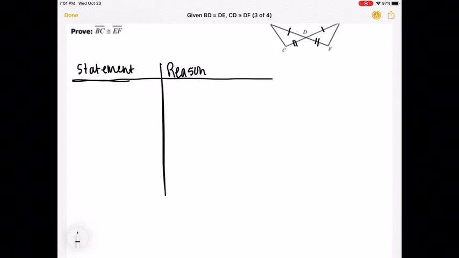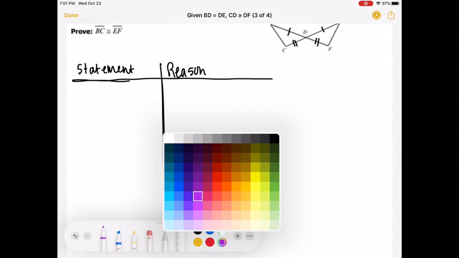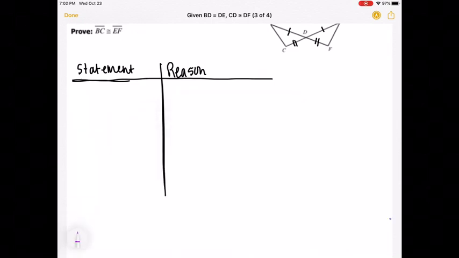Find any more info you can using your angle relationships. I would take a pause here, so see what else you can find using the angle relationships that we listed on the previous page. What can you prove? What else is congruent?